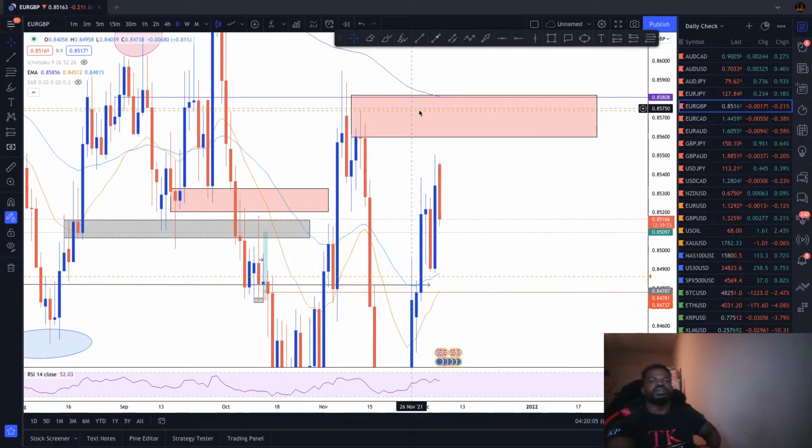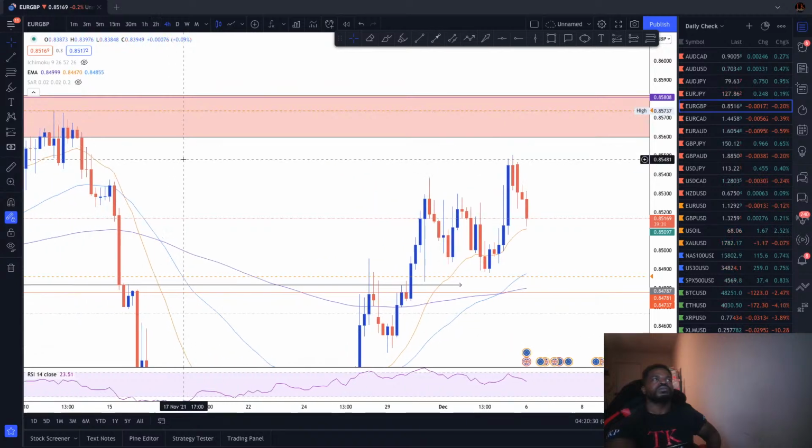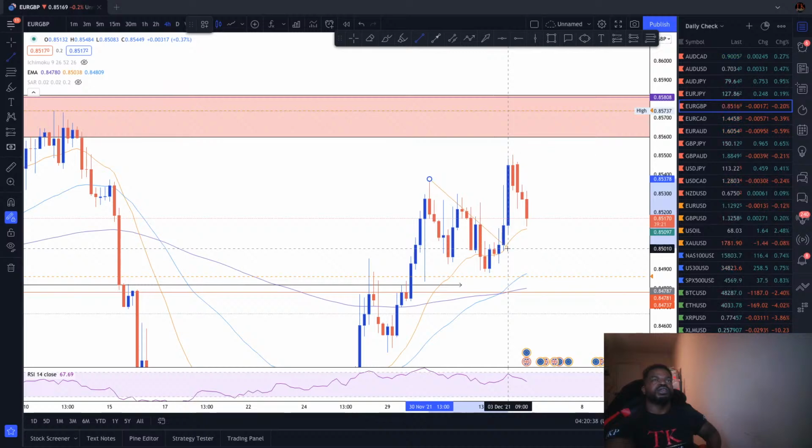Okay, so we were looking for this area to be retested on Euro Pound. So just from a quick look, we had a bull flag.